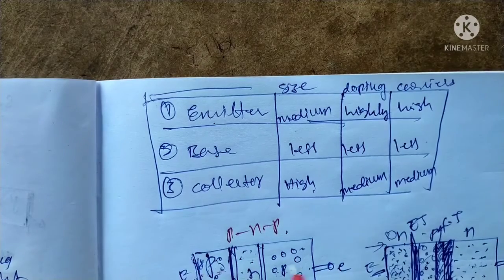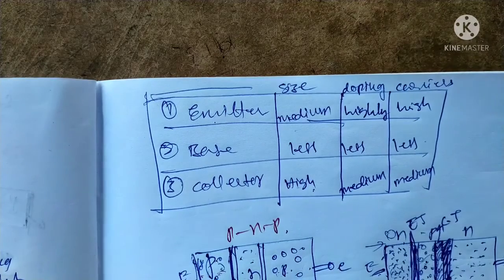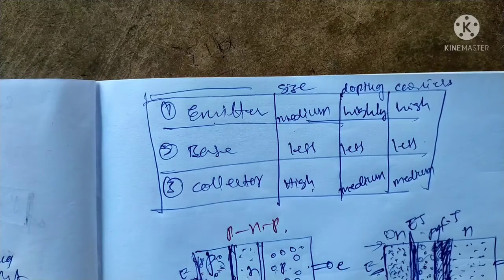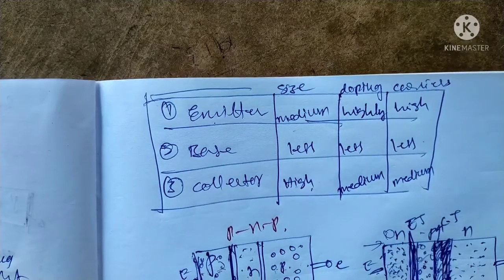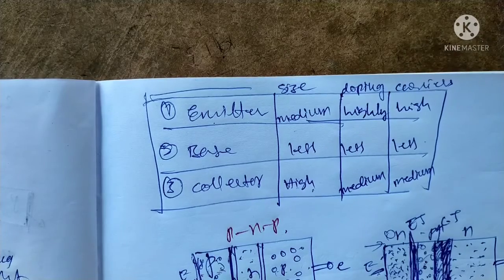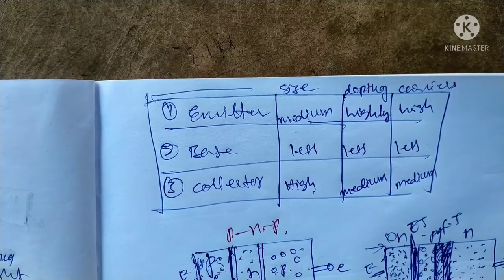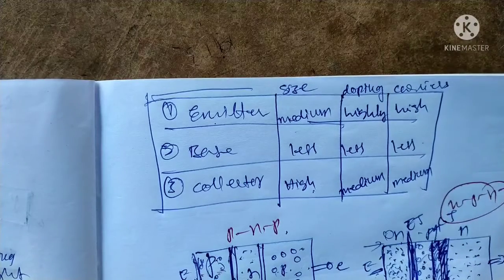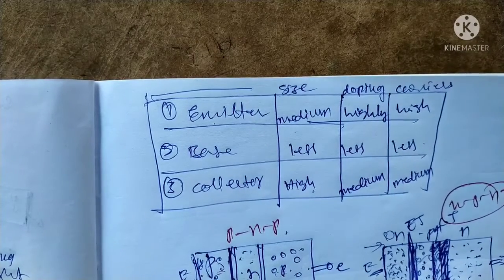Comparing NPN and PNP, the NPN transistor has a larger number of electrons as mobile charge carriers.